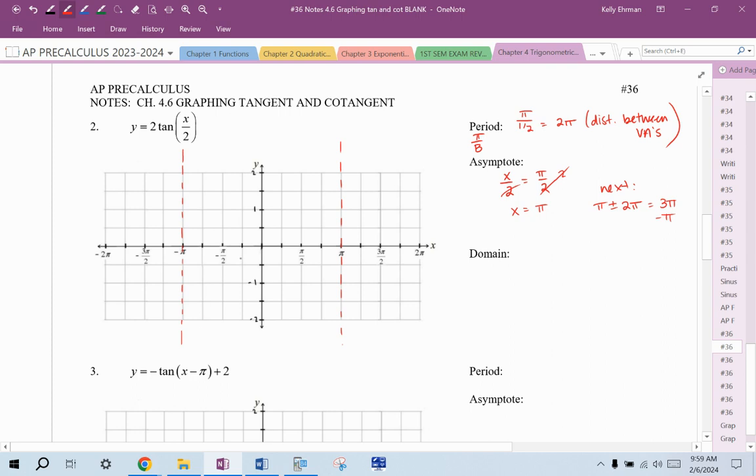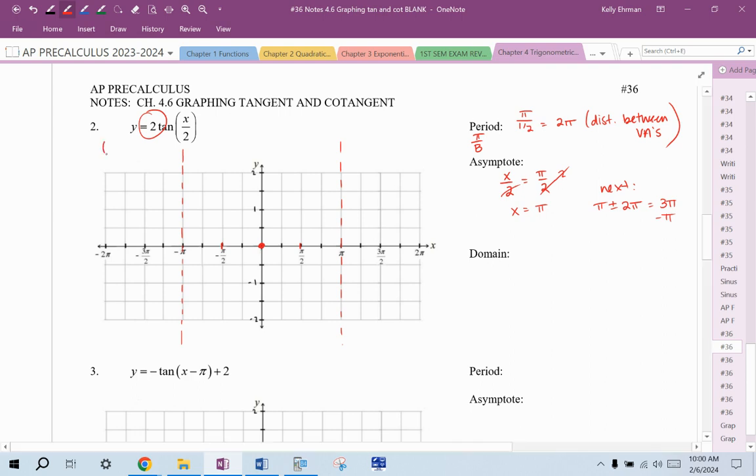This is a horizontally stretched tangent graph because one branch is going to fit in between these two asymptotes. So when you're drawing that branch, the exact center, which is the origin, is at 0. And then the next two nice points are halfway between that center point and the asymptote, so they're at plus or minus pi over 2. And this number that we've been using as amplitude for sine and cosine, there's no such thing as amplitude for the tangent graph.